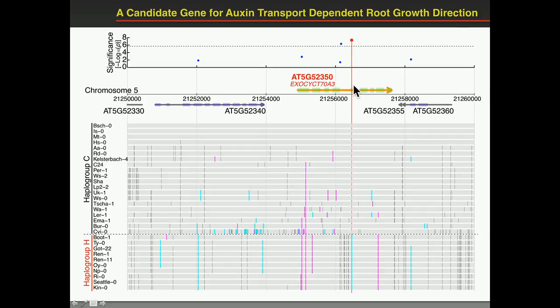It is a subunit of a very important complex in cell biology that is involved in exocytosis. And interestingly enough, the transport of auxin has a very important endocytosis and exocytosis component.